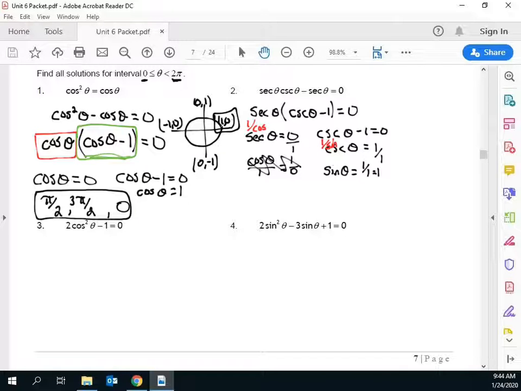Where's sine equal to 1? Anywhere else? Be careful. What's that 3 pi over 2? Y is equal to what? Negative 1. So no, just pi over 2 is going to be the only answer there. So in other words, pi over 2 is the only degree here that will work to where these will cancel out each other.